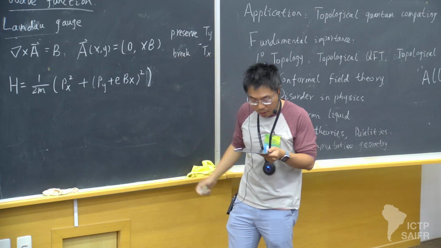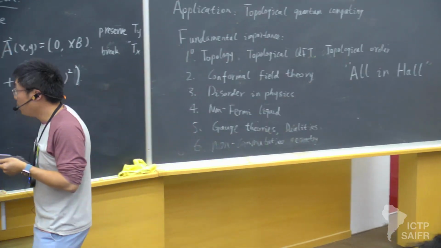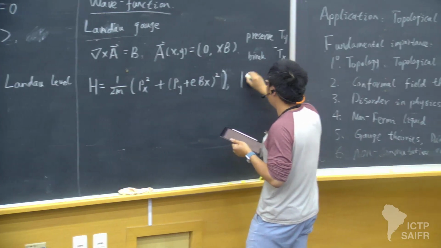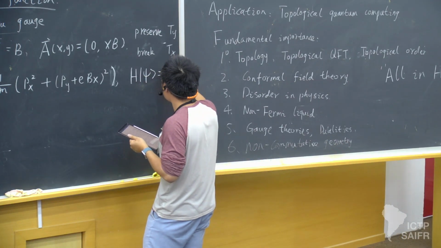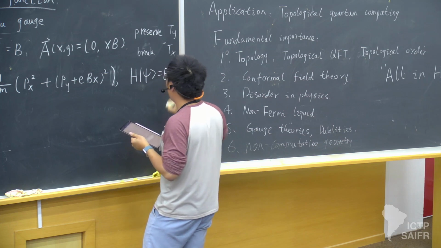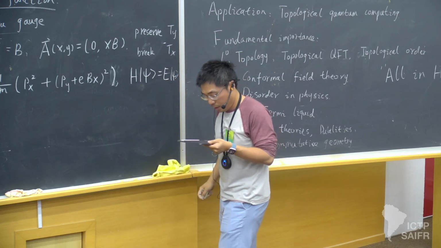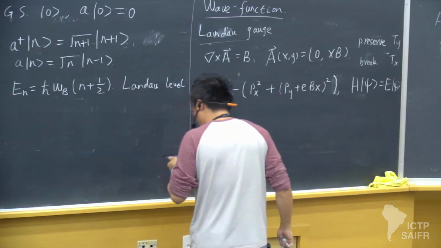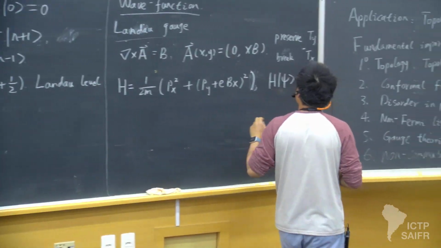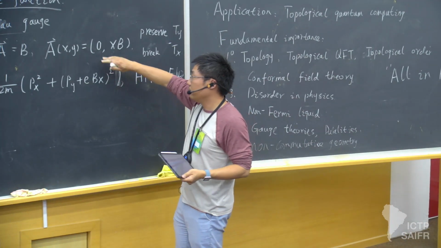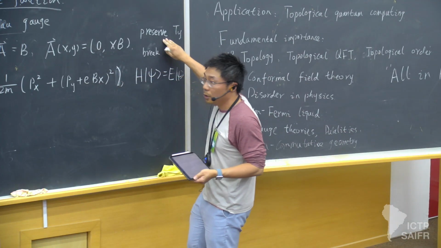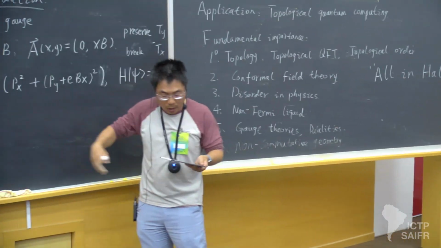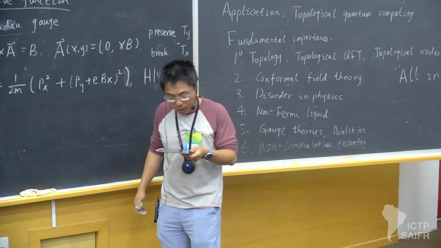We want to solve the Schrodinger equation, that is, we want to find the eigenstate of my Hamiltonian. The first thing you should notice is that, as I said, this vector potential preserves translation along Ty but breaks Tx.